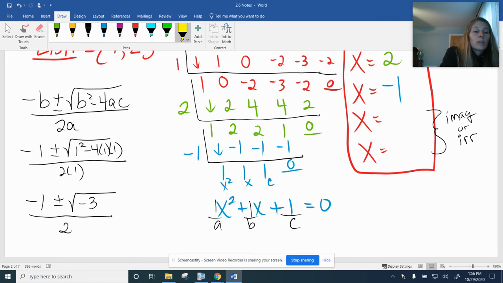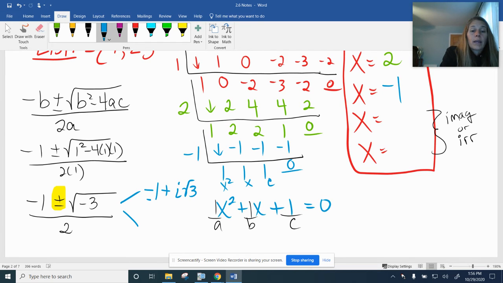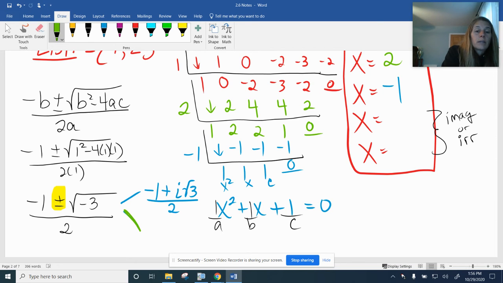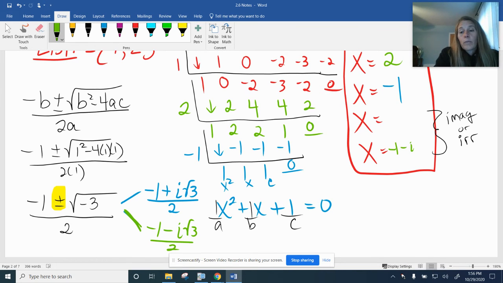Remember when we did the quadratic formula, that plus or minus means you're really getting 2 answers. So you have -1 plus the square root of -3, which is really i radical 3, over 2. And your other answer is -1 minus i radical 3 over 2. So those are your remaining 2 answers.